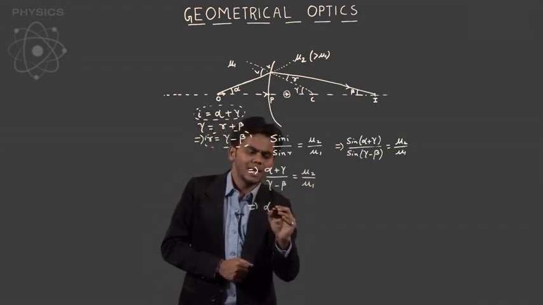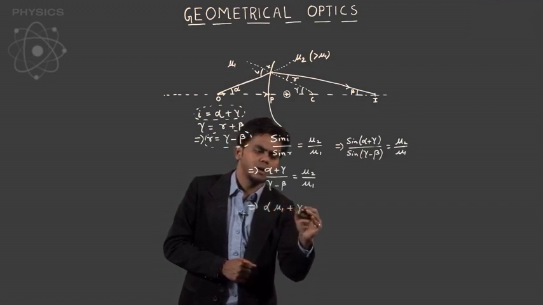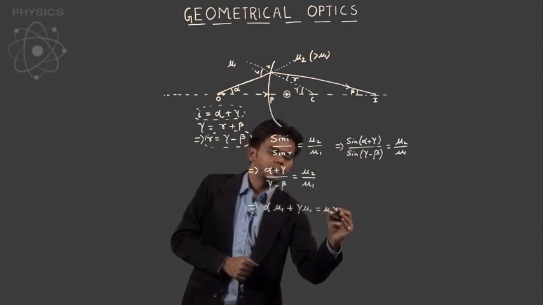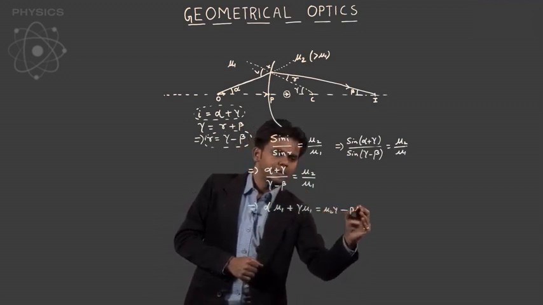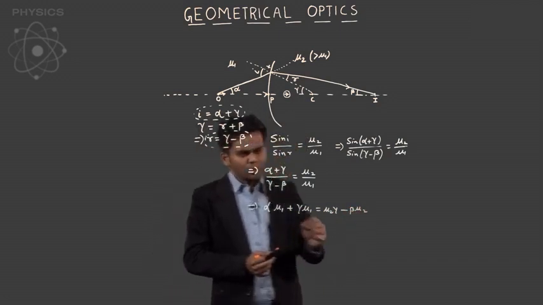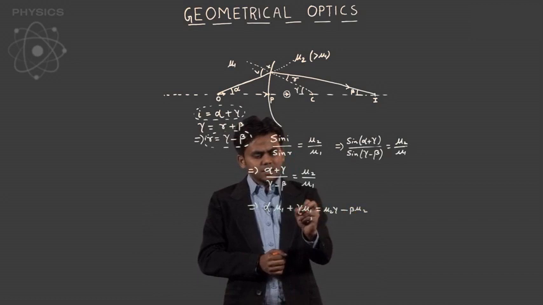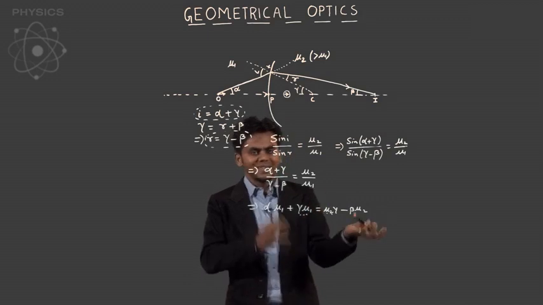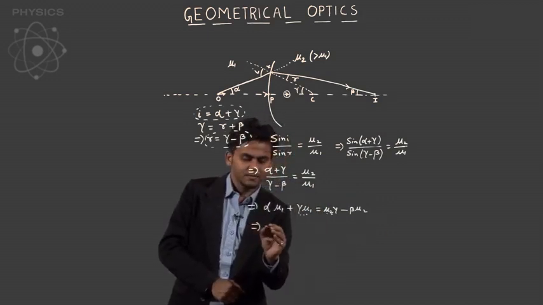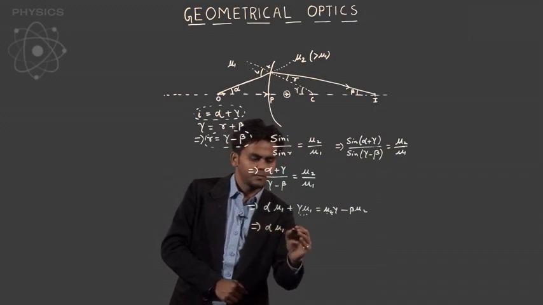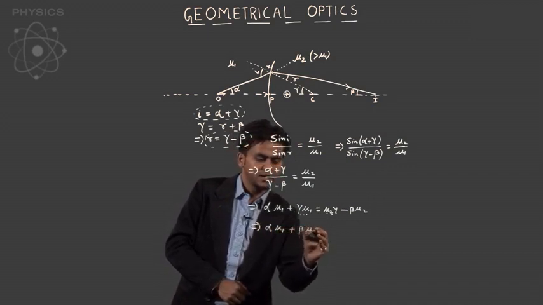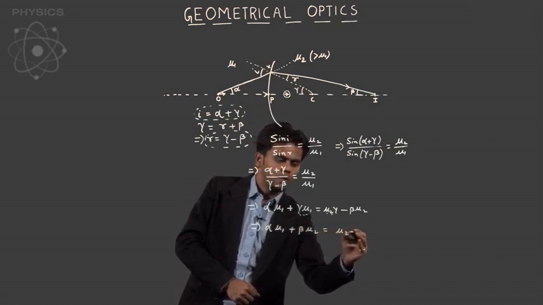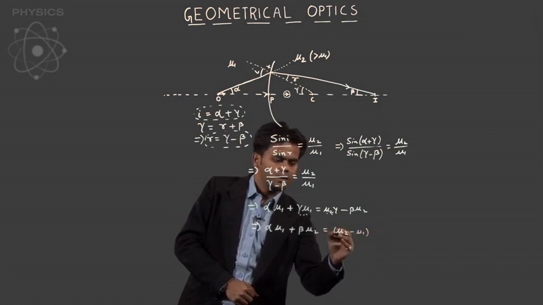What you would get is alpha mu1 plus gamma mu1 equal to mu2 gamma minus beta mu2. Over here now, take this gamma to one side and mu2, mu1 to the other side. What you would get is alpha mu1 plus beta mu2 is equal to mu2 minus mu1 times gamma.